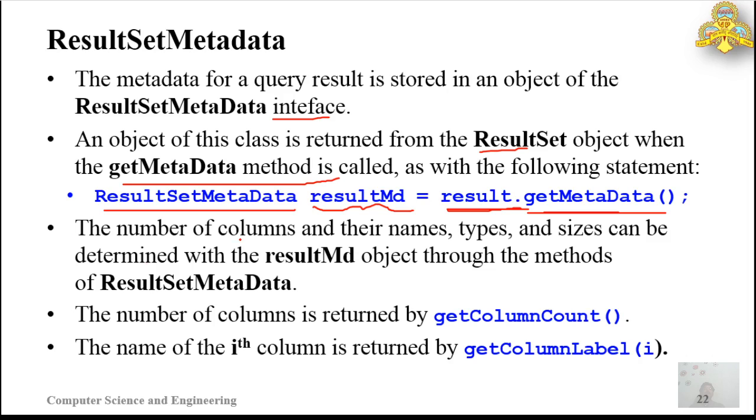The number of columns and their names, types and sizes can be determined by the resultSetMD object through the methods of ResultSetMetaData. For example, the number of columns can be identified by using the method getColumnCount. Likewise, we can get the name of the ith column, that is returned by getColumnLabel(i).